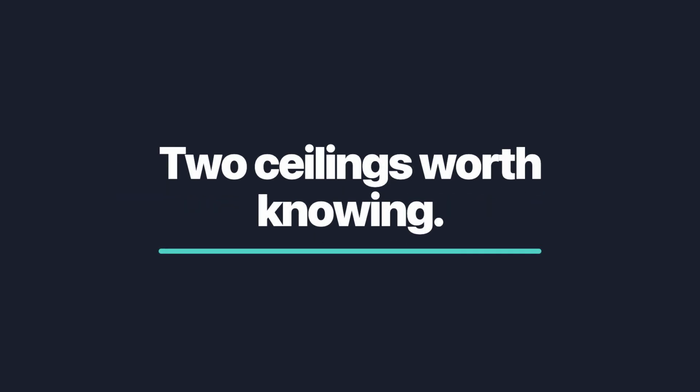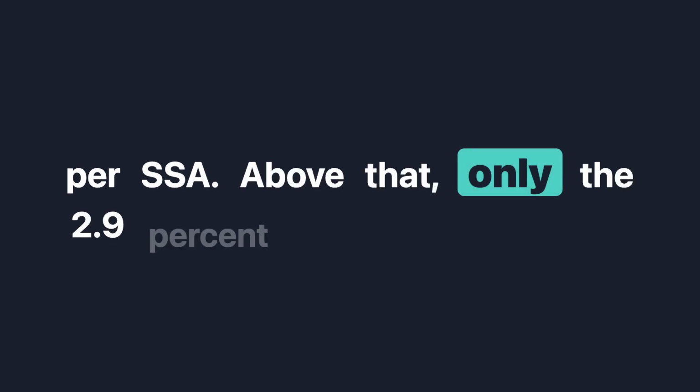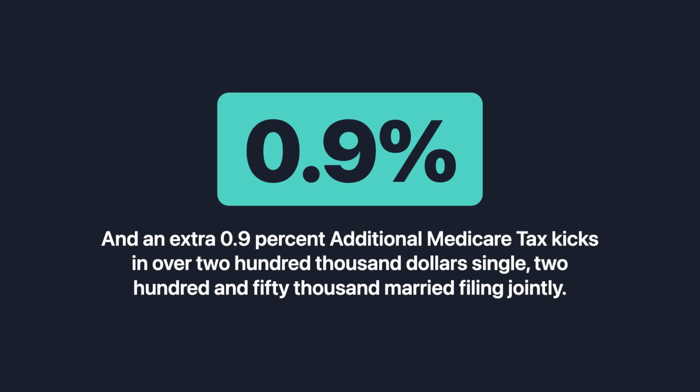Two ceilings worth knowing. The 12.4% Social Security piece stops at the wage base, $184,500 for 2026, up from $176,100 in 2025 per SSA. Above that, only the 2.9% Medicare continues, and an extra 0.9% additional Medicare tax kicks in over $200,000 single, $250,000 married filing jointly.